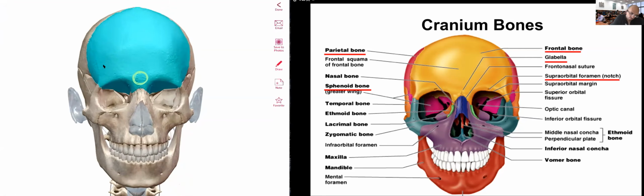What do we call the hole above the orbit? Supraorbital foramen or notch. It might be a notch, it might be a foramen.